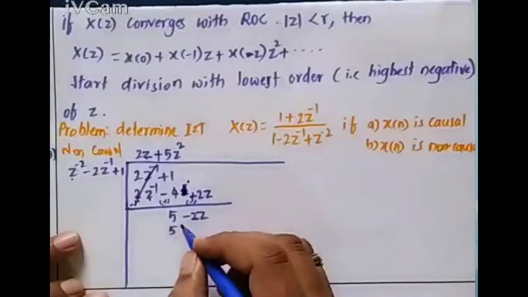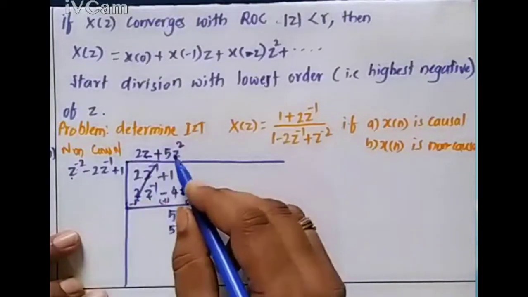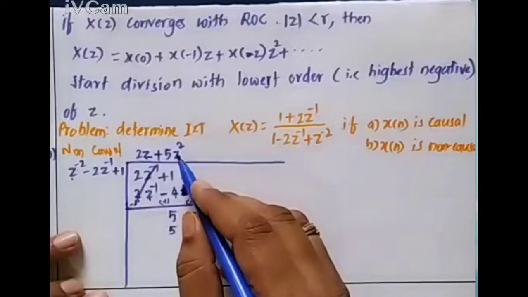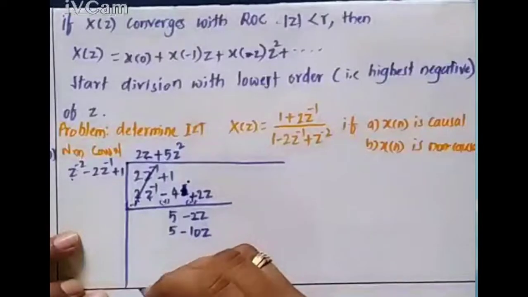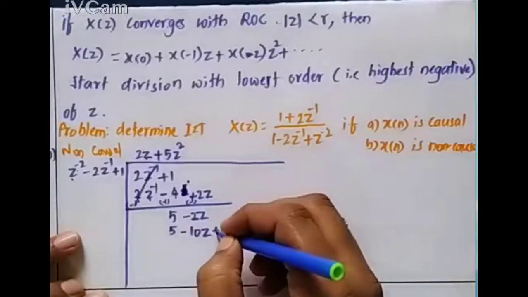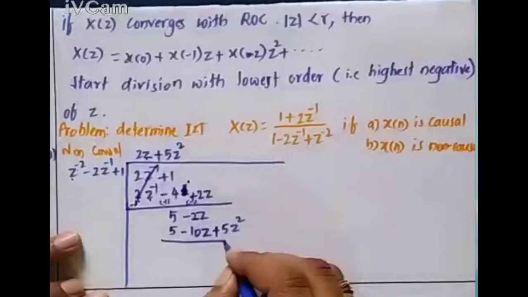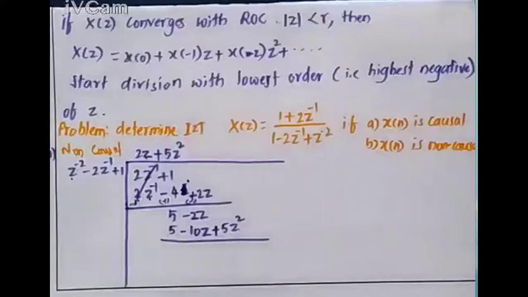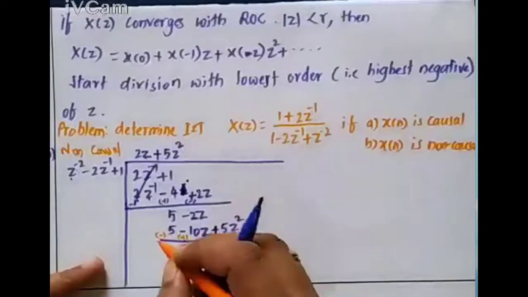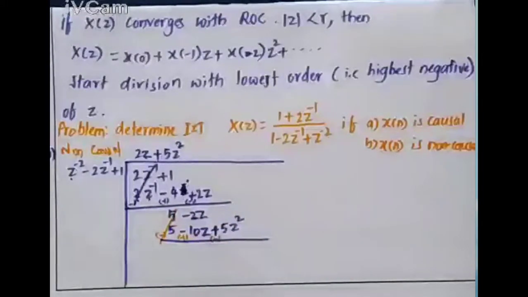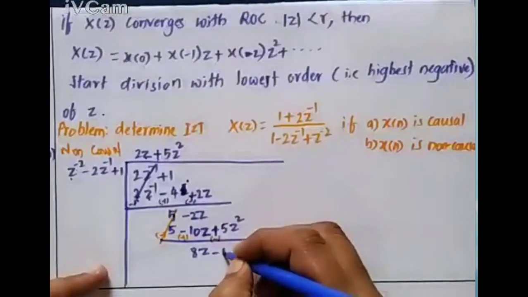Then minus 2z power minus 1 into 5z square would be minus 10z, and plus 5z square. So this will be minus, this will be plus, and this will be minus again. These two terms will get cancelled, so I will have 8z minus 5z square.